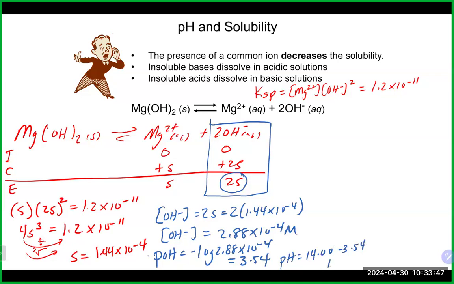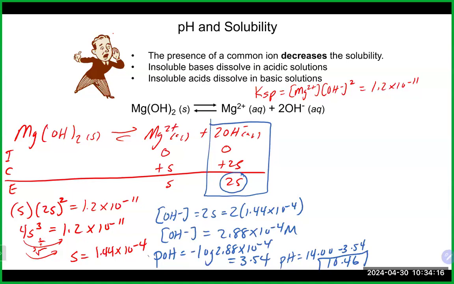That's a 10.46 pH. So from using our solubility information in this case, we were actually able to calculate the baseline pH of the solution, and it would be basic as we would expect since it is magnesium hydroxide and it is hydroxide. And it has a pH basically of 10.46. So first off, any questions on that calculation there?